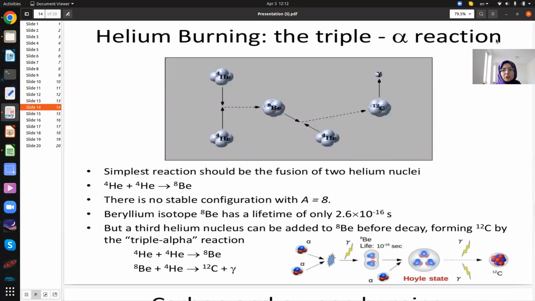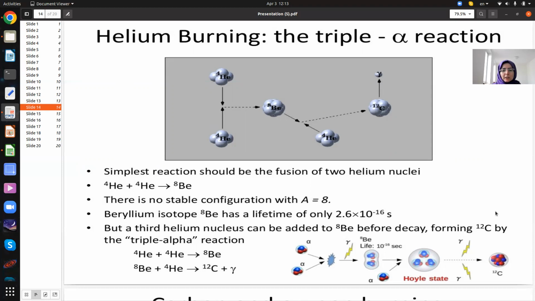Helium burning, the triple alpha reaction. The simplest reaction should be the fusion of two helium nuclei. For example, helium-4 plus helium-4 gets beryllium-8. There is no stable configuration with A equal to 8. Beryllium-8 has a lifetime of only 0.26 × 10^-16 seconds.